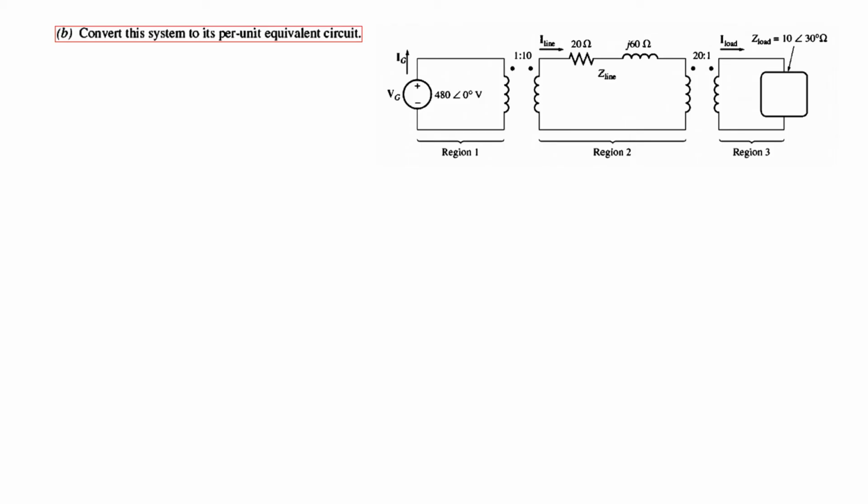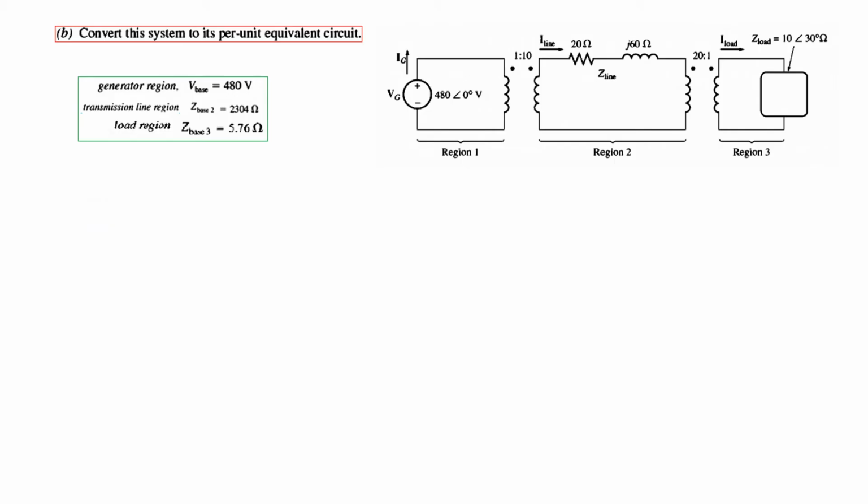And now the question, second part is convert this system to its per unit equivalent. So we had found these in the generator region. The V base is 480. I'm ignoring all the other parameters that we have calculated because we'll only be using this in this example.